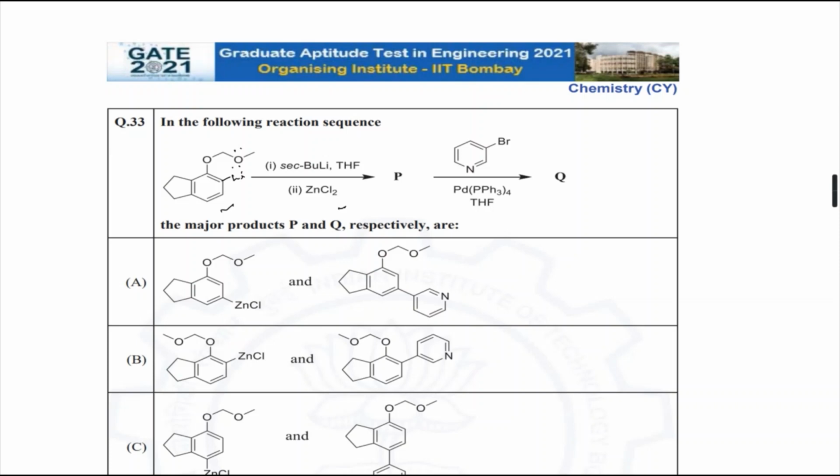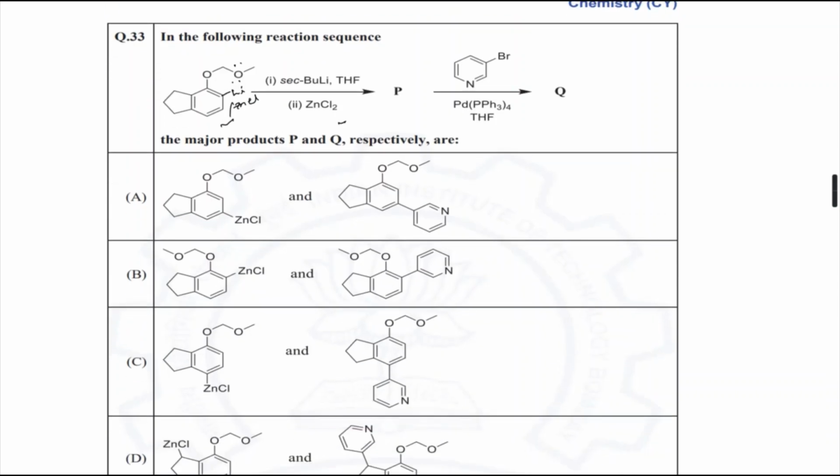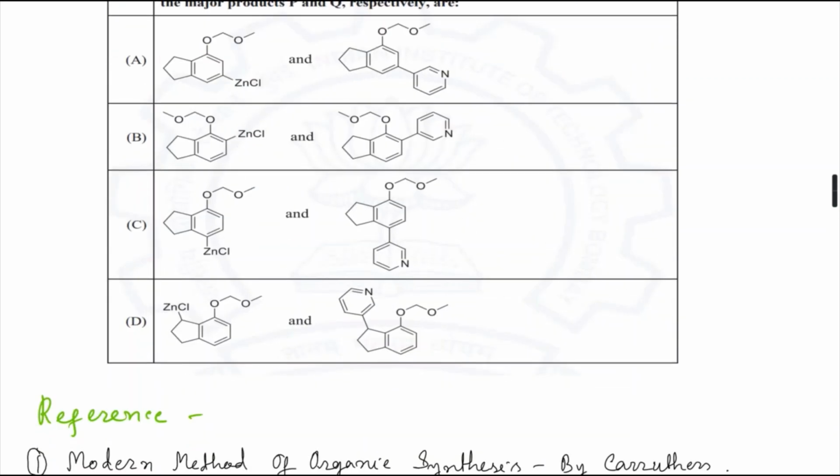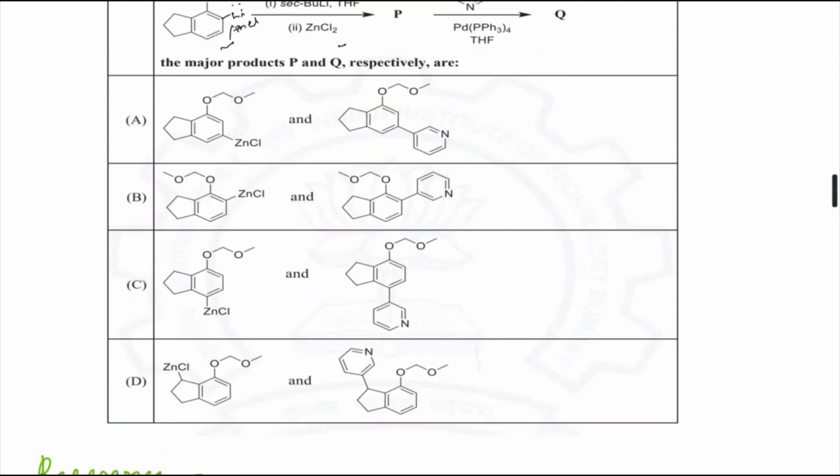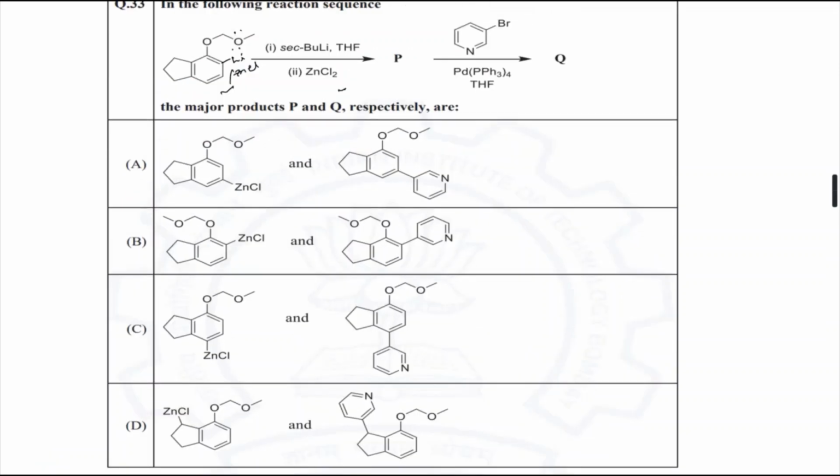Then reaction with ZnCl2 gives the corresponding ZnCl salt, which when treated with this substituted pyridine gives a coupling reaction. This is called Negishi coupling, and so the product will be this.